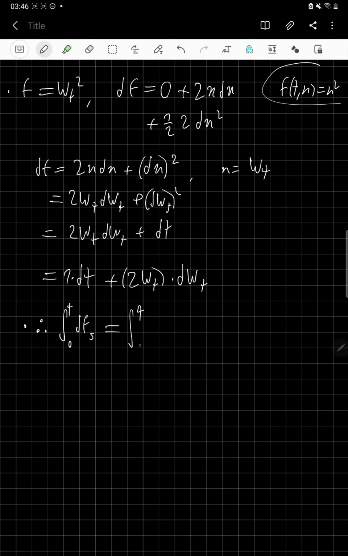So dt times 0, dW squared. So this of course is going to, by definition, be equal to this. This is actually going to equal.